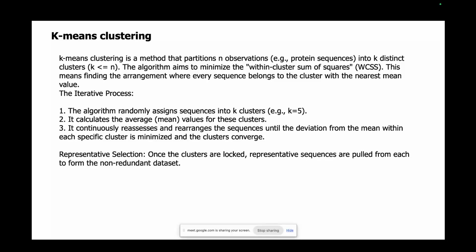So if you want to make a plot like this, where you have the similarity score on the x-axis and the number of protein sequences on the y-axis, this will become something of a histogram, right? Say for example at 0.2 similarity, you have 500 individuals. At 0.3 you have 300.